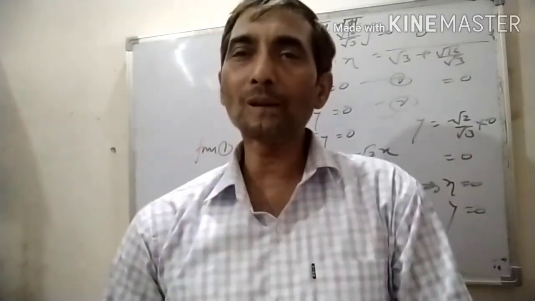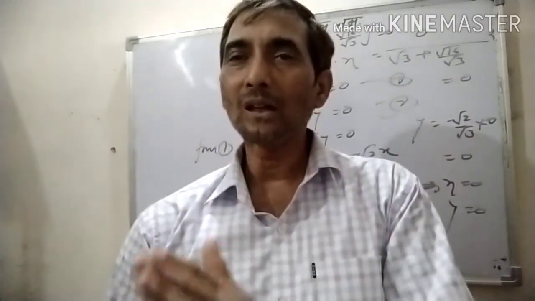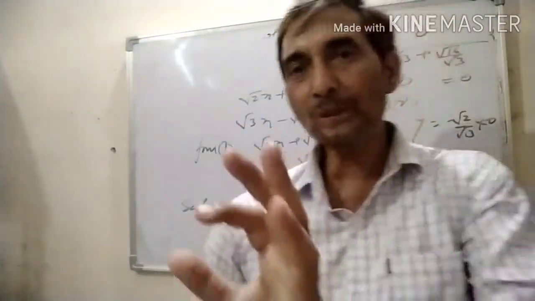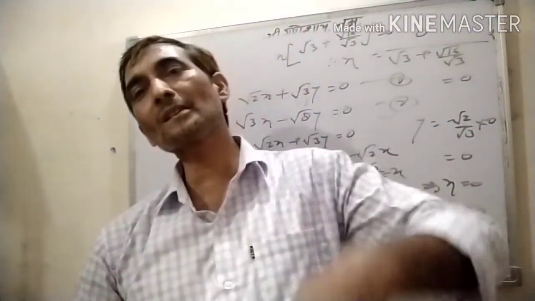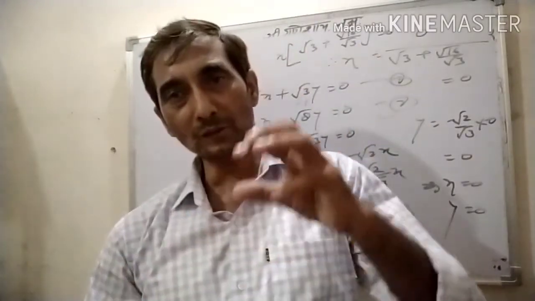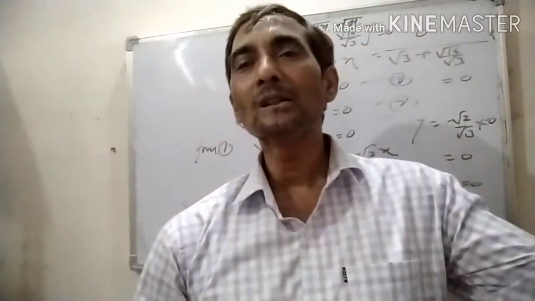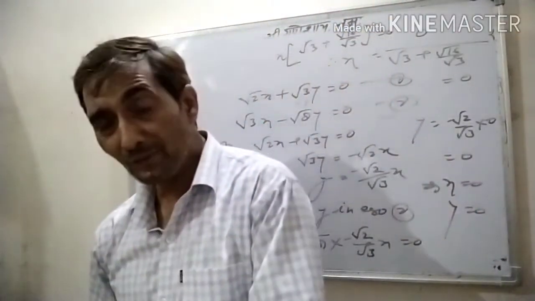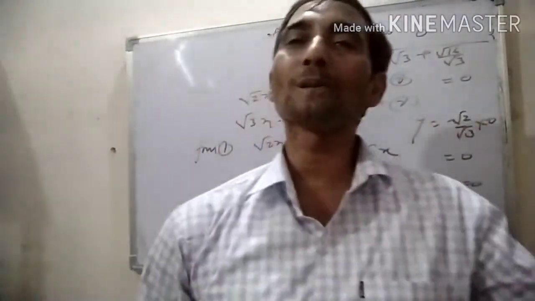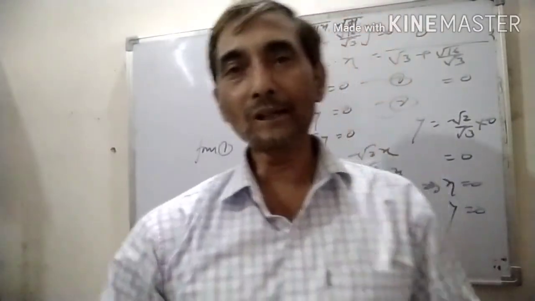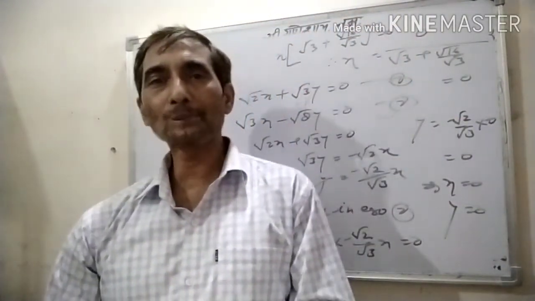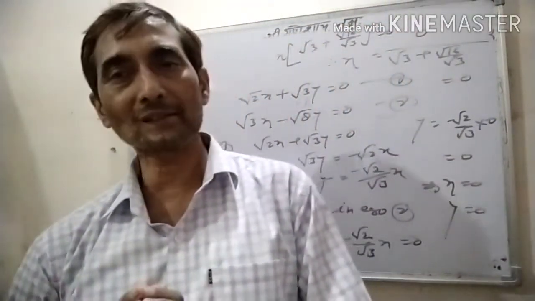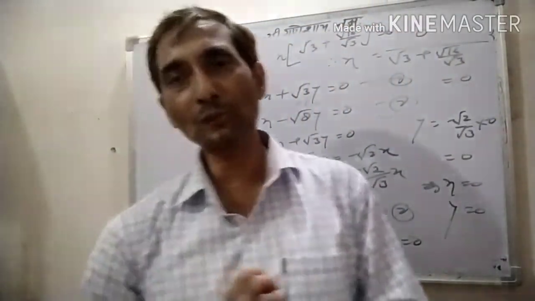You find the value of x in terms of y or value of y in terms of x, and this value substitute in equation number 2. If you take equation number 1, then substitute in equation number 2. If we take equation number 2, substitute in equation number 1, and calculate it. After calculation, easily you can find the value of x and y and your question is solved.